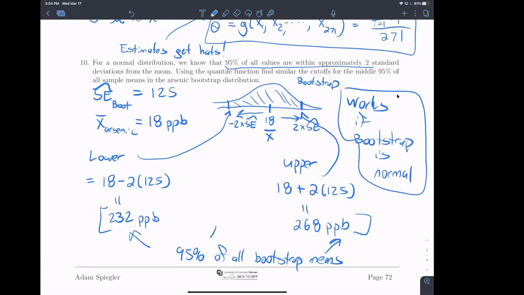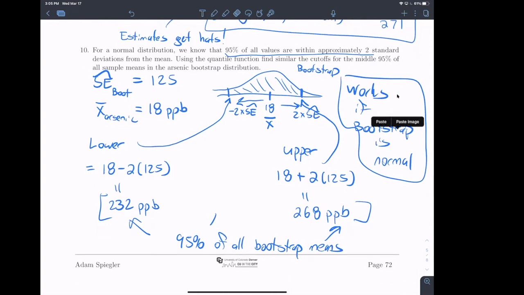We'll see plenty of situations where that's not necessarily the case. That seems to be a pretty good approximation here, but again, we would probably want to do a quantile normal plot to see if that's a good assumption. Any questions?